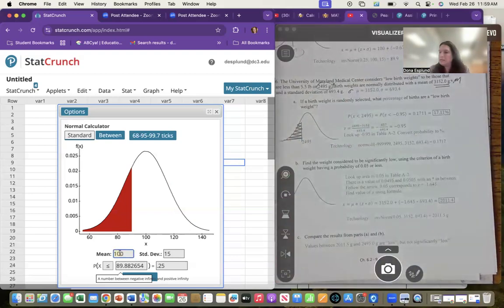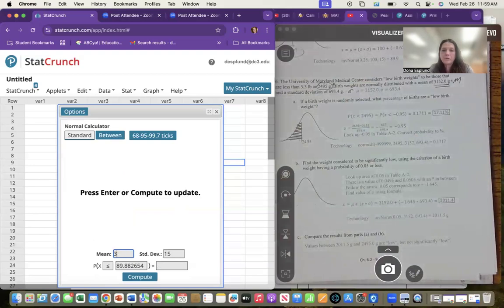I'm going to change my mean to 3,152.0 grams, and I have a standard deviation of 693. Then I want to find out what the value for X is that's going to be less than.